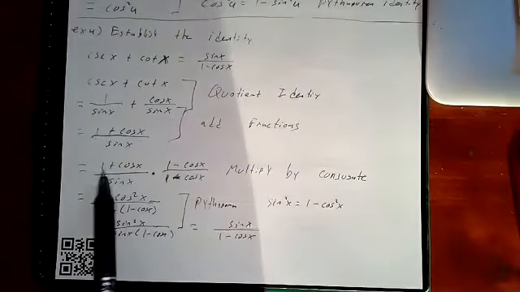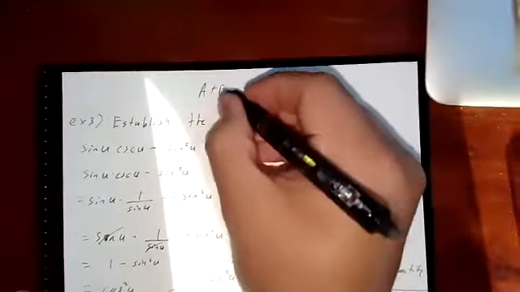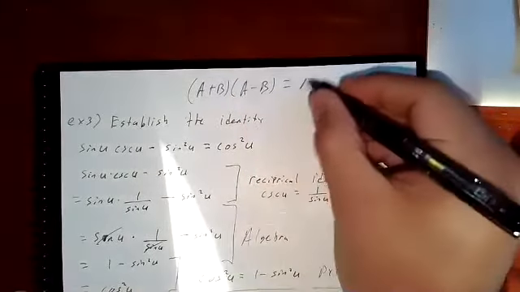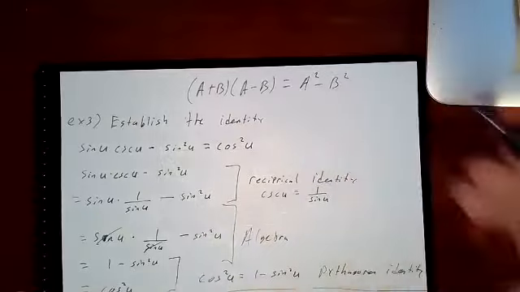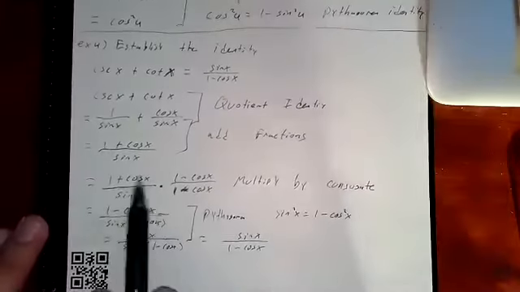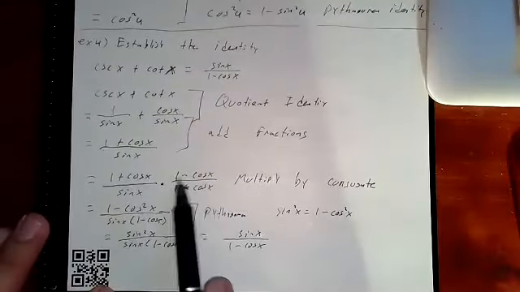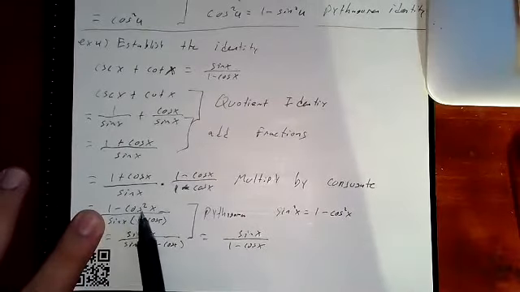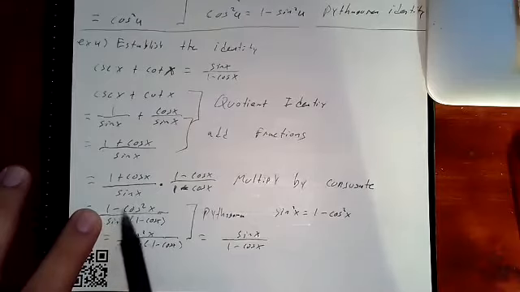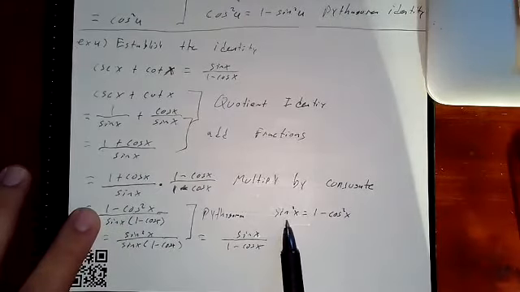Because back to our algebra basics, we know that a plus b times a minus b is a squared minus b squared. Back from developmental math, right? So that's what we did here. A squared is 1, so that doesn't matter. That gives us the ability to use Pythagorean.